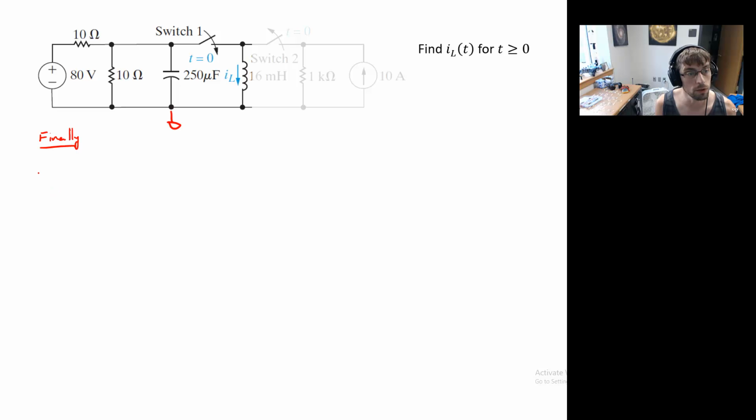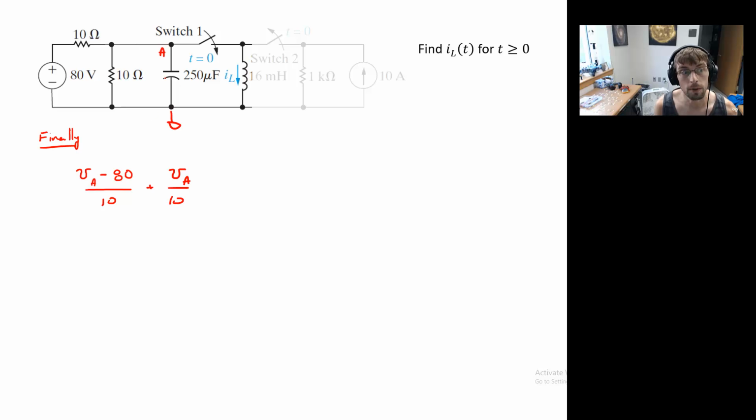And so if we use node voltage, we can write something like the potential at the upper node. I don't know, I guess I'll call it A. So the potential at A, and I'll just start with this left-hand branch. Okay, so we have this 80 over 10. So I'll work in terms of variables here, or numbers. And then I have this plus V A over 10.